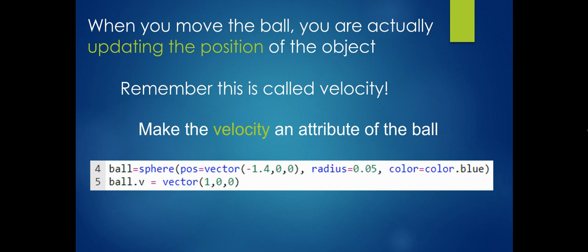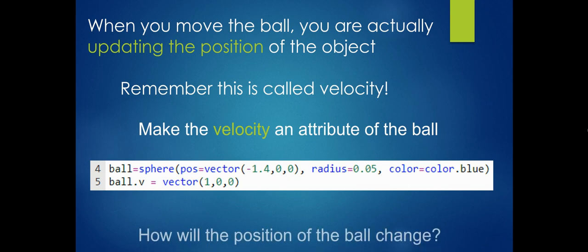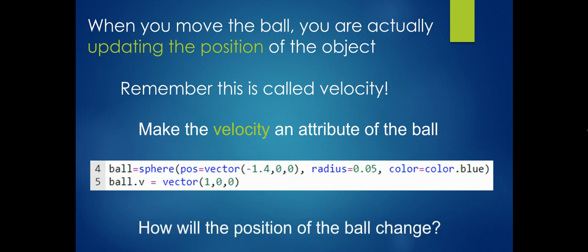So assign this particular velocity to your ball. Now look at this vector. We have a vector of 1, 0, 0. How do you think the position of the ball is going to change? What part are we changing? Remember, the velocity can have different directions, and those directions are going to be in the same dimensions as our positions.